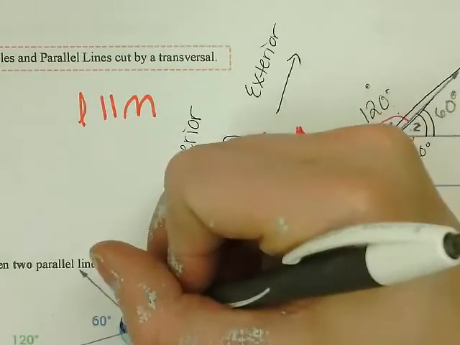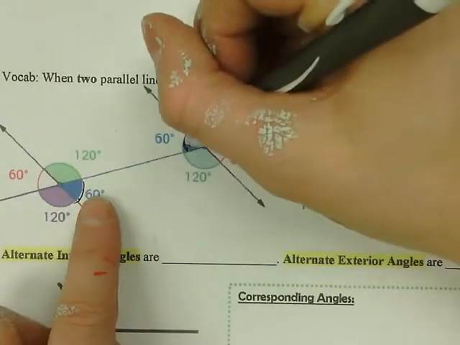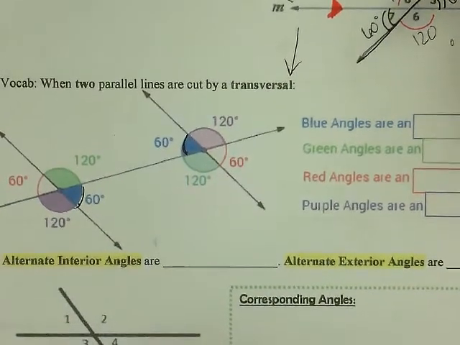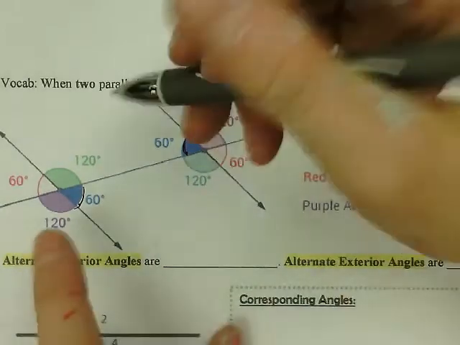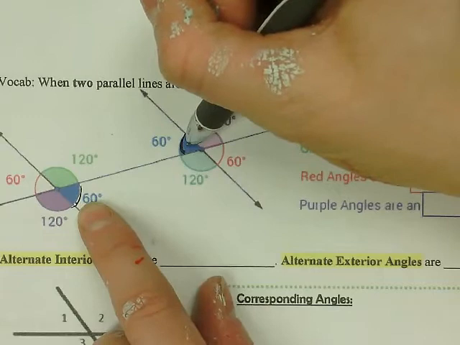So let's look at these blue angles here. Are they on the inside or the outside of my parallel lines? They're on the inside, right? Are they on the same side of the transversal or alternating sides?